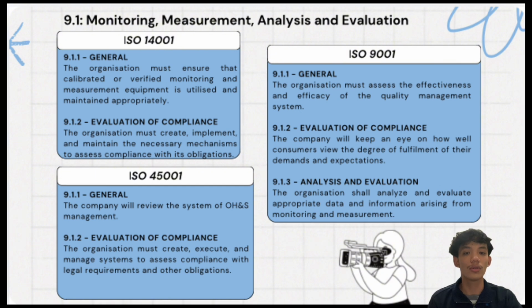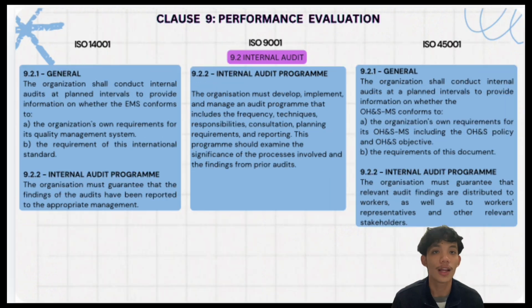In 9.1.2 Evaluation of compliance, ISO 45001 states that the organization must create, execute, and manage systems to assess compliance with legal requirements and other obligations. Next, moving on to 9.2 Internal audit.